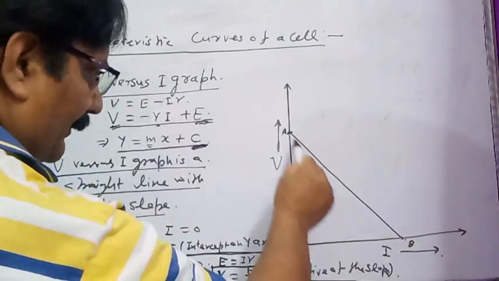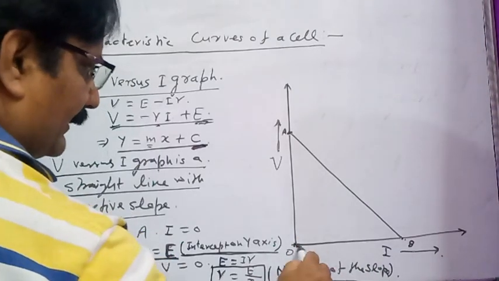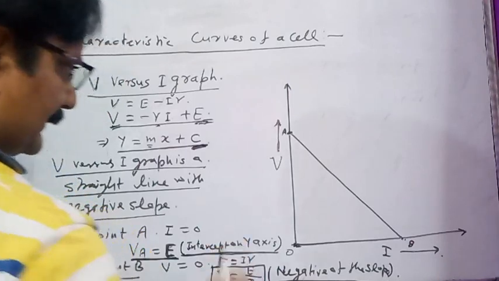The slope of this straight line is E divided by I_B, and the negative sign of that will provide the internal resistance of the cell.